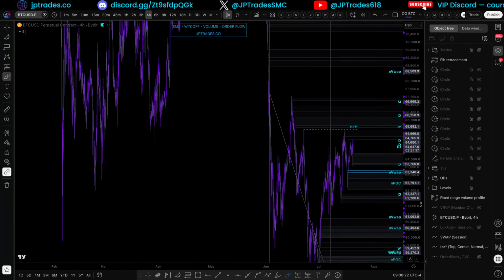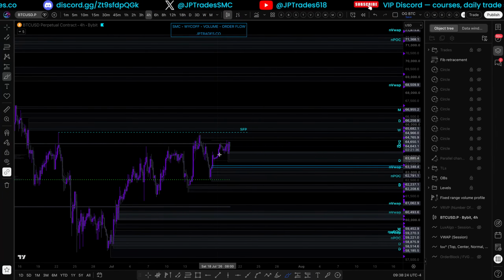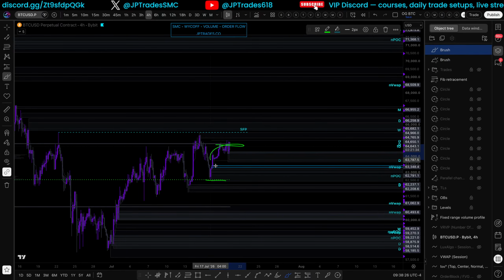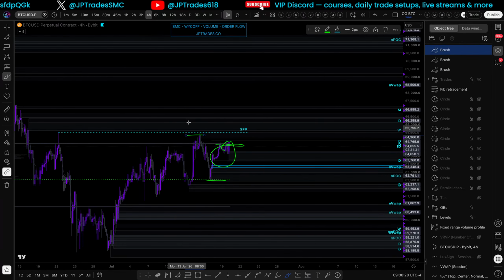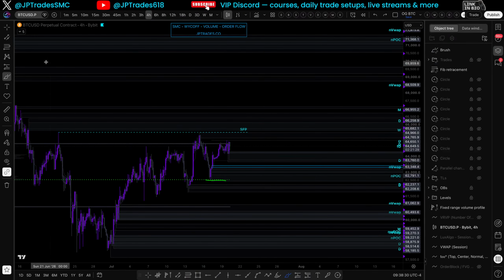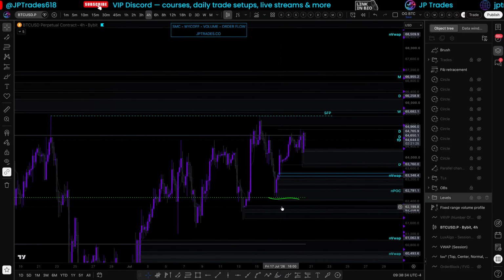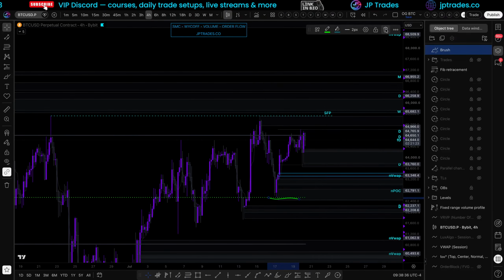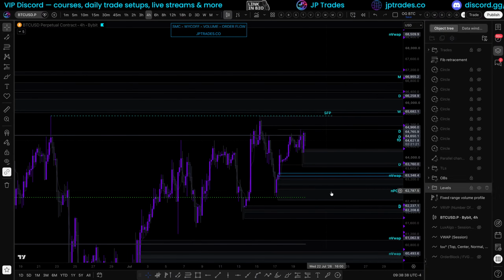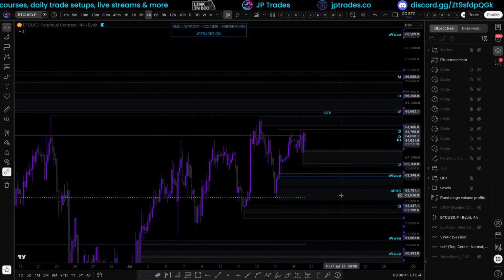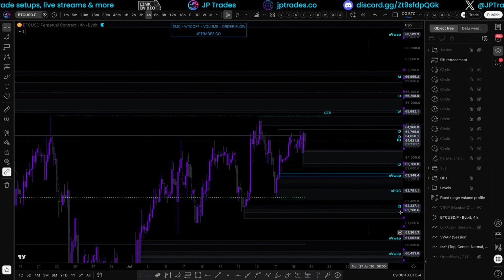But either way, going back to that 4 hour, we have internal structure here from this high and this low. So I would like for one of these highs or lows to go ahead and get taken out, if not both of them.